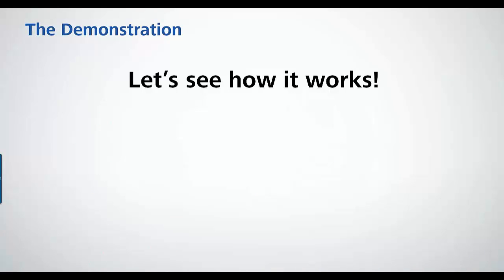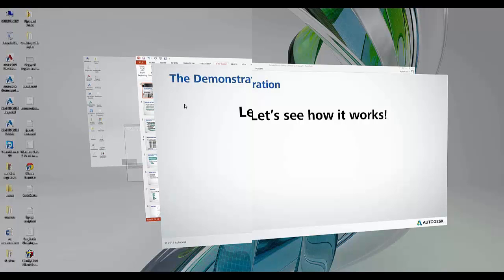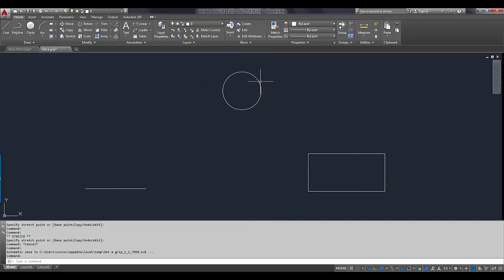Okay, so having said that, we will go ahead and do a demonstration of grips in AutoCAD. I am working in AutoCAD LT 2015, and this is identical to any application that is built on top of AutoCAD.